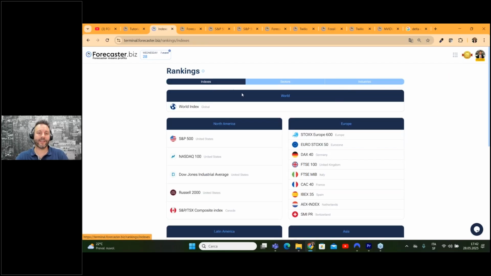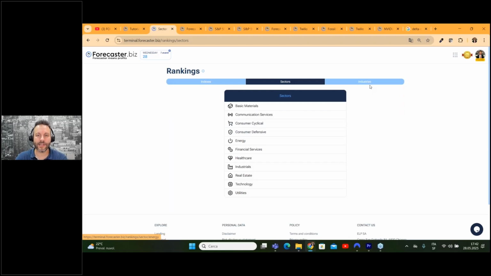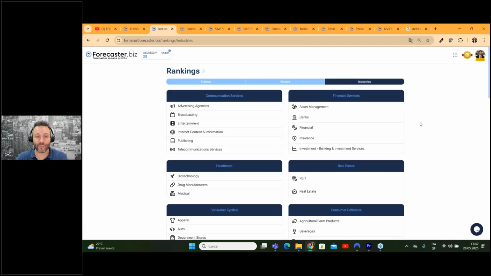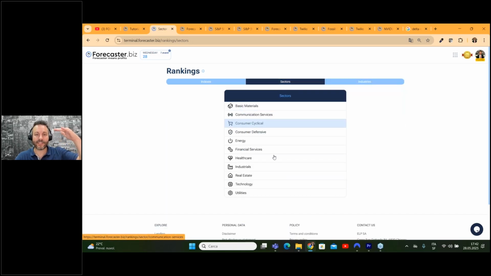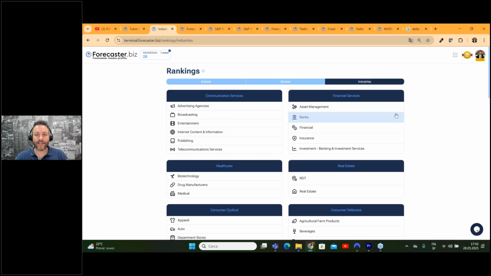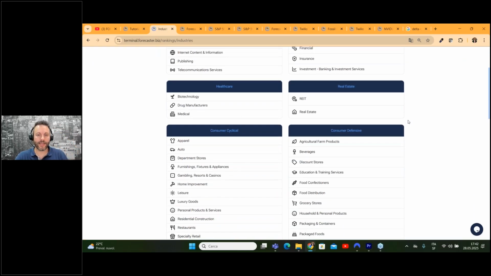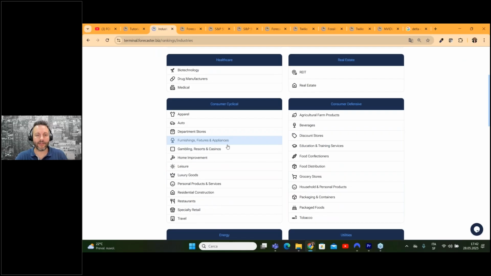Of course, as I told you, here you can find indexes, you can find the sectors, and you can find industries, because every sector, we have 11 sectors in the S&P 500, is also divided into industries. Okay, so you can really deep dive and find something really interesting regarding a specific sector.